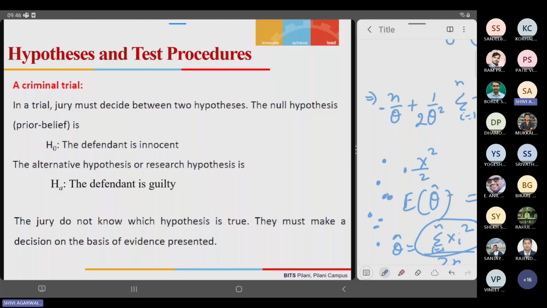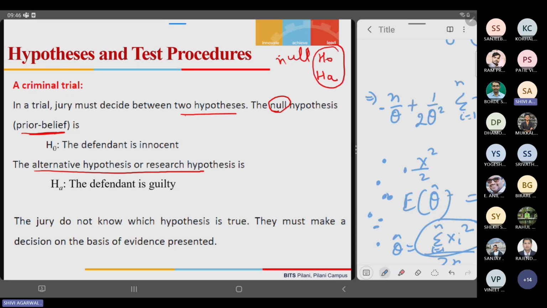In a trial, the jury must decide between two hypotheses. The first is the null hypothesis, that is the prior belief. So there are two hypotheses. One is known as the null hypothesis, denoted by H naught, and the second is known as the research hypothesis or alternate hypothesis, denoted by HA.